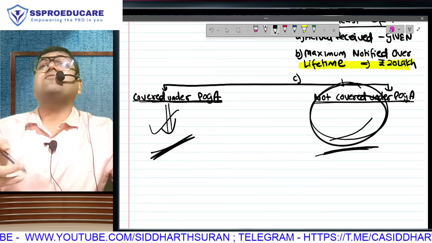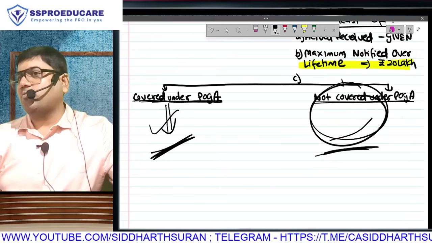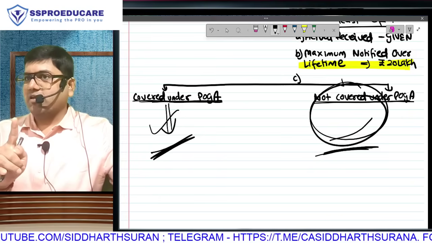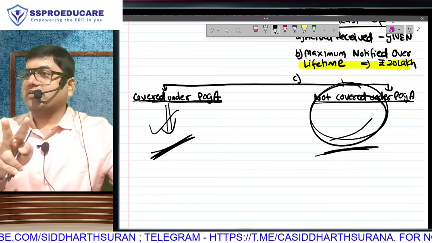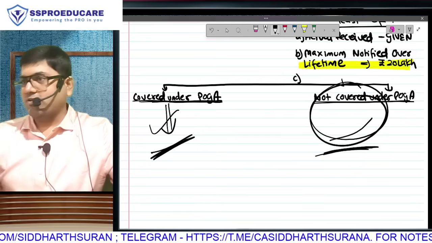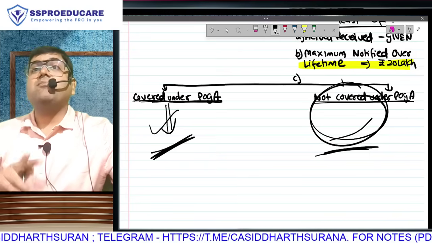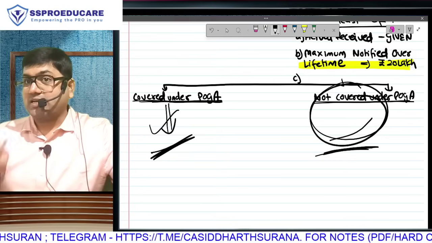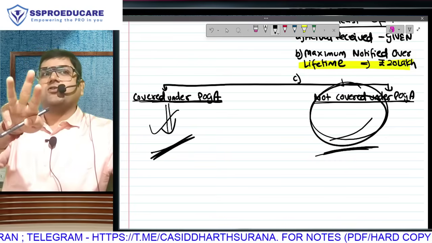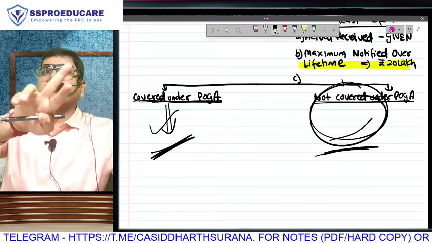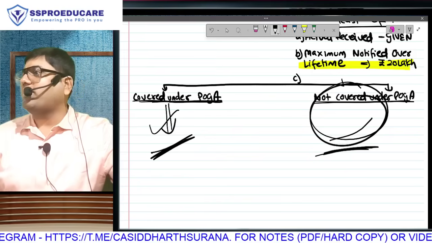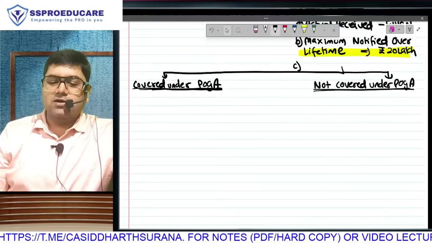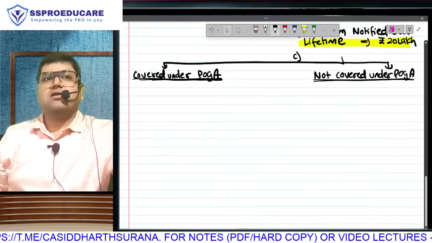And our calculation will depend on whether this employee is covered under POGA or not covered under POGA, but only at retirement wala cases, that also only private sector, because during service no calculation, fully taxable. Government at retirement no calculation, fully exempt. This is retirement private sector, that also third point, because first 2 points whether POGA or non-POGA, actual and maximum notified are same.